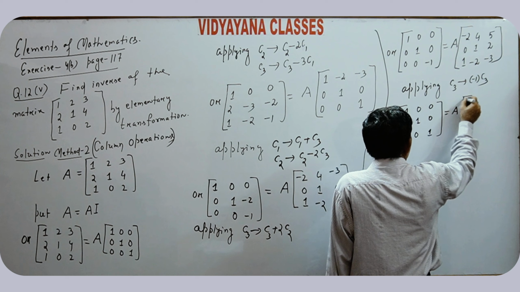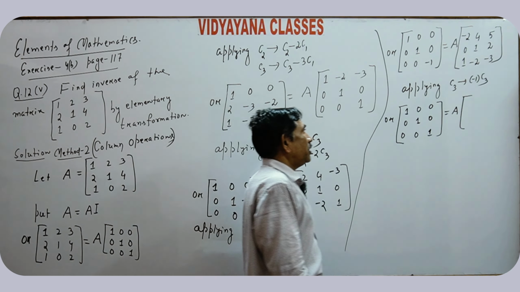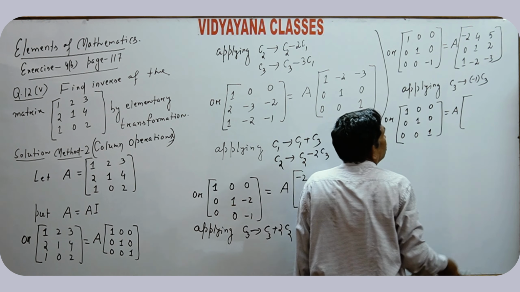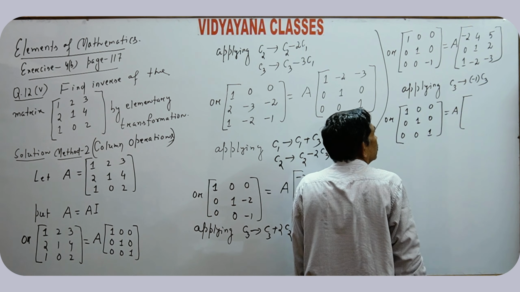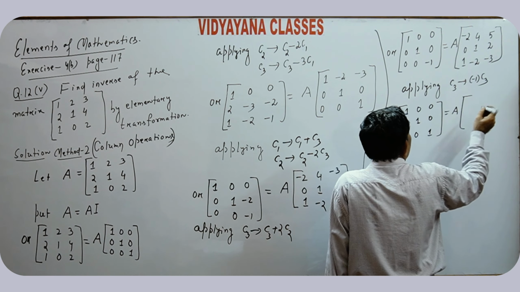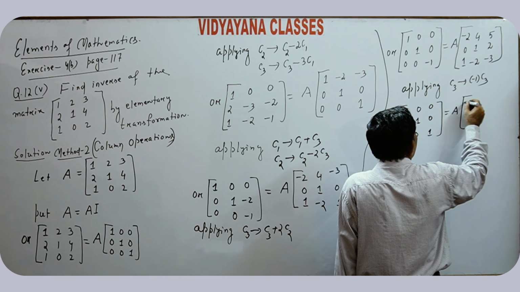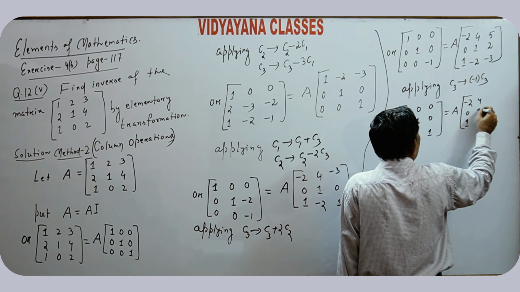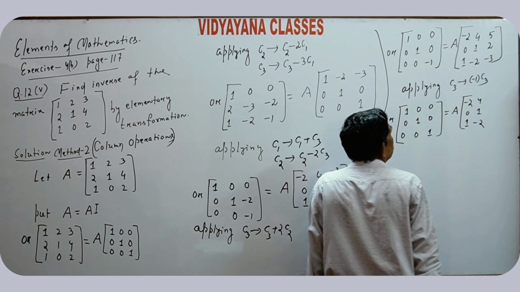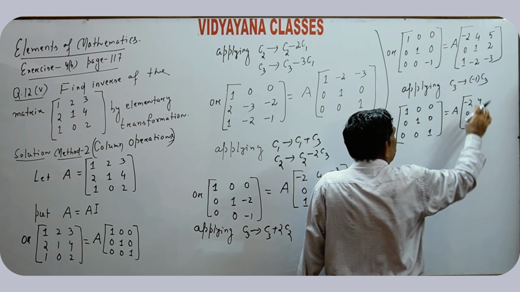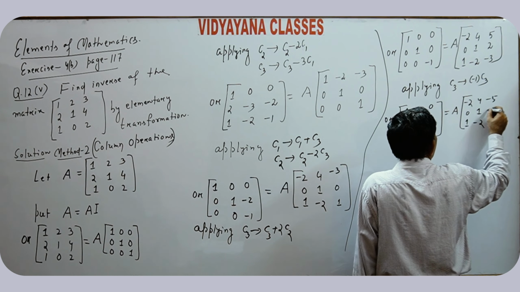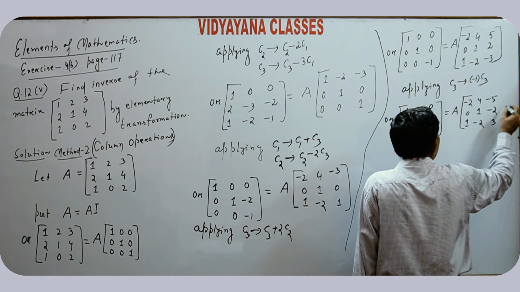Now we will operate the same operation on this matrix. It gives minus 2, 0, 1, 4, 1, minus 2. Column 3 is replaced by minus 1, column 3, that is minus 5, minus 2 and 3.